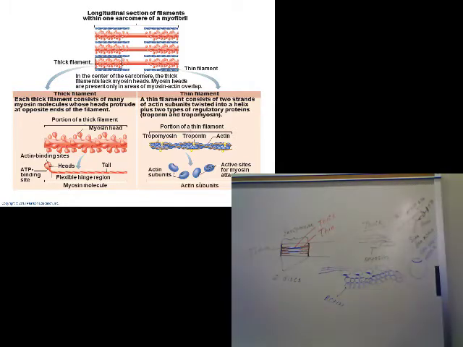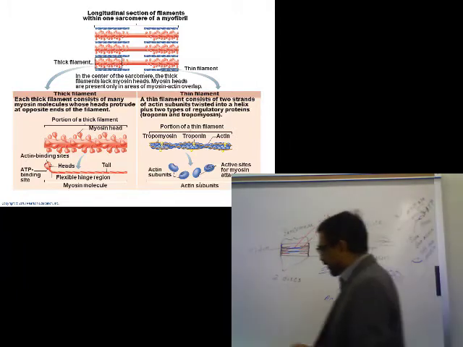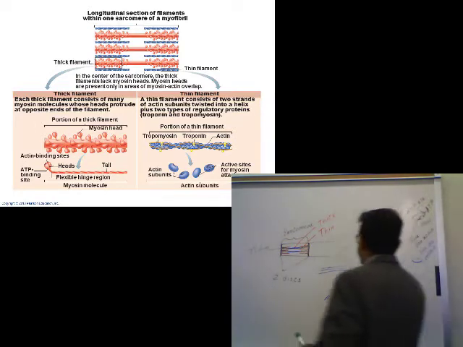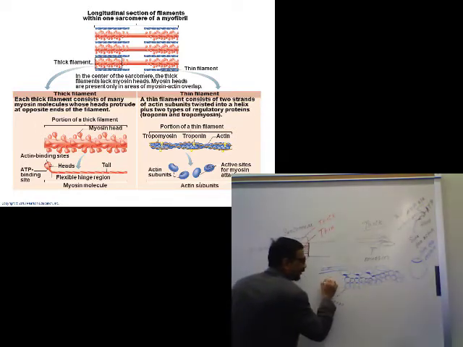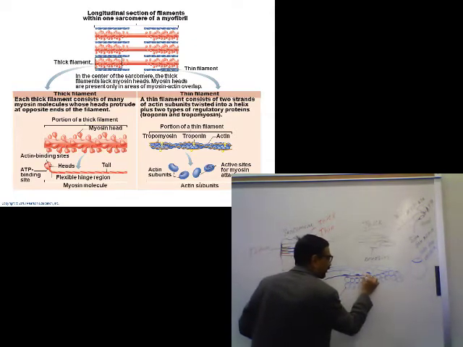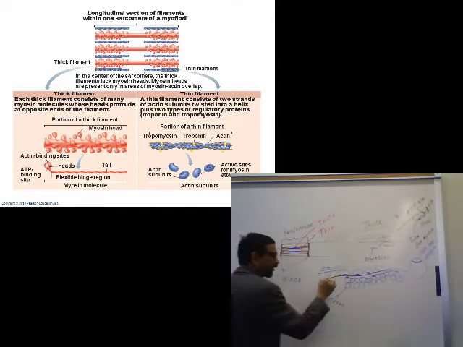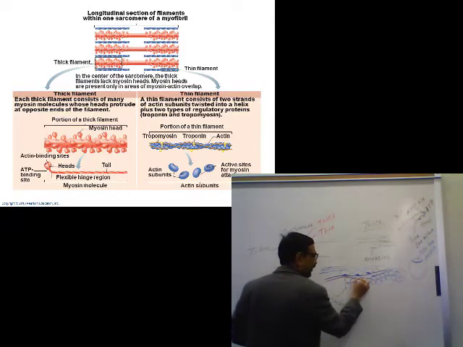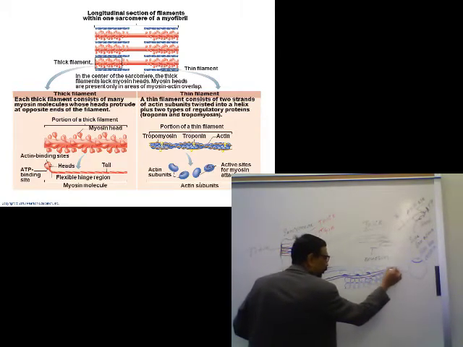Now what happens, the binding is not that easy, because in the normal resting condition, when your muscles are relaxed, there is another protein structure that looks like a rope.